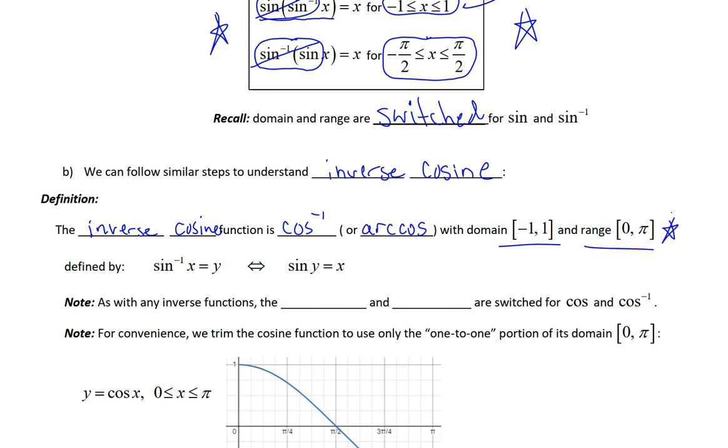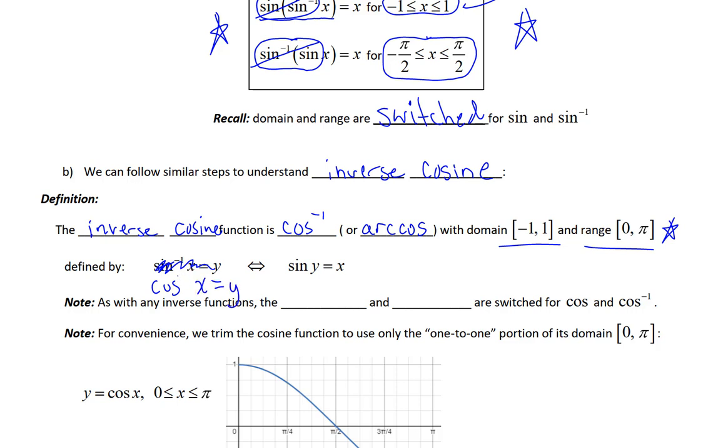Aha, notice now we have a difference in the range when you compare this with sine inverse. And so there's a reason for that, as we'll see just where it's cut for convenience. And this is defined by, oops, little typo here. This should be cosine instead of sine. I'll just rewrite this. So this should say, it's defined by cosine inverse of x equals y.